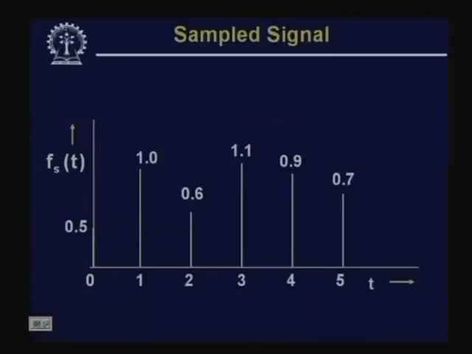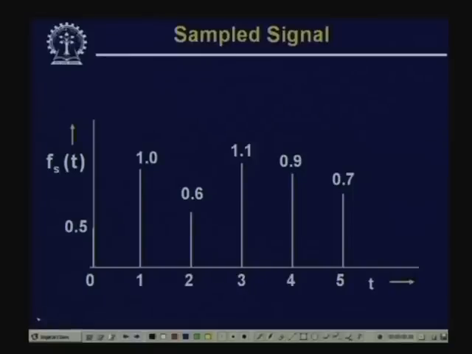Here we have shown a diagram which shows the sample values of a one-dimensional signal, say f(t), which is a function of t. In this diagram, we have a number of samples, present for t equal to 0, 1, 2, 3, 4 and 5.